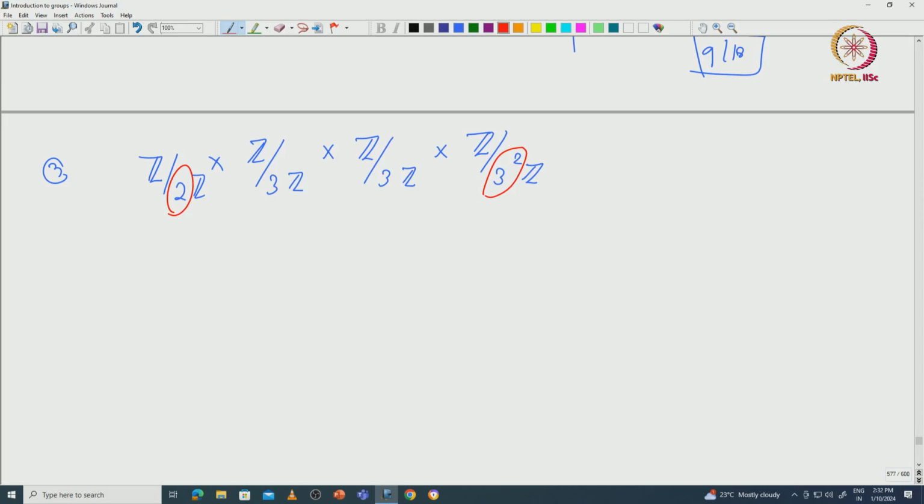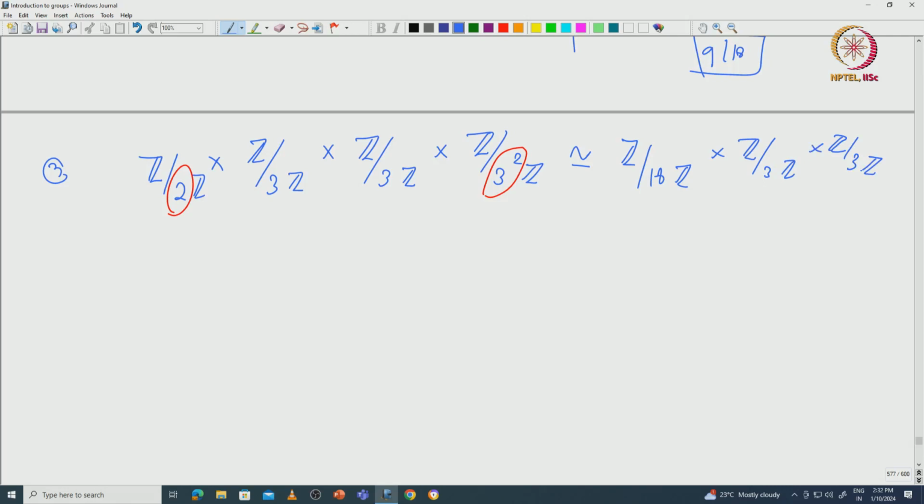So you are able to combine these two. If you combine them, you get exactly Z modulo 18Z as before, and then cross Z modulo 3Z cross Z modulo 3Z.